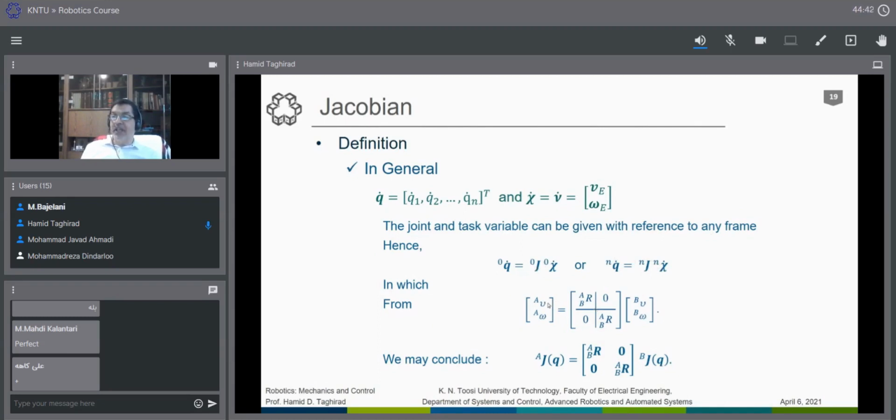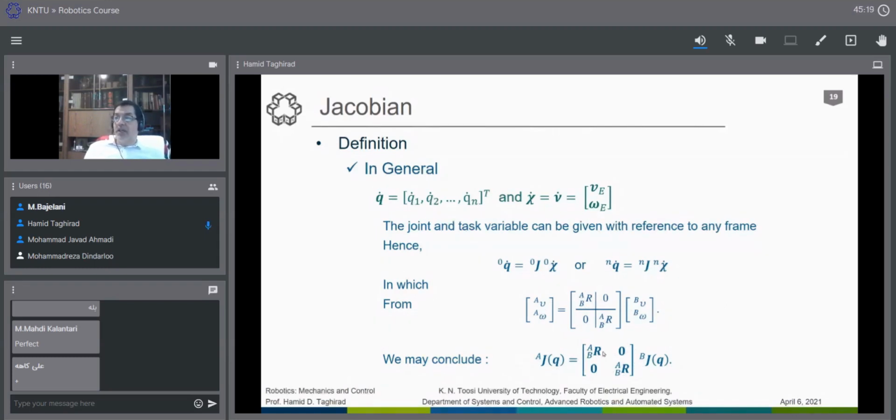Since any vectors V A and V B, the linear velocity and angular velocity, can be transformed by a rotation matrix from frame B to frame A, then the Jacobian can also be transformed from one frame to another frame simply by a diagonal matrix that has R, A, and B in the diagonal form and 0 on the off-diagonal parts.